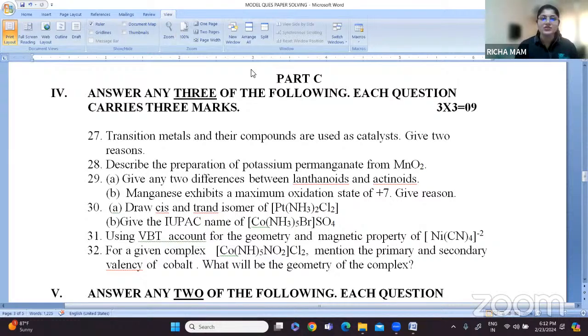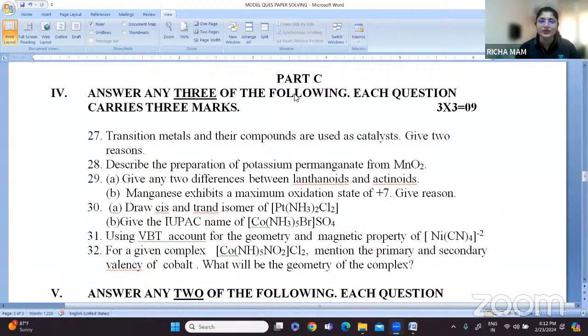This is a question from coordination chemistry, sorry, from transition elements. So this is a question from your D and F block elements. Transition metals and their compounds are used as catalysts. So give any 2 reasons.